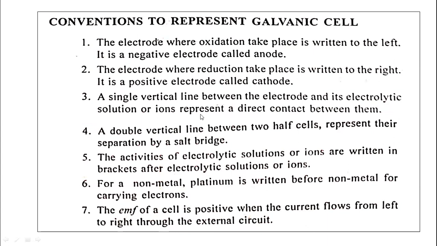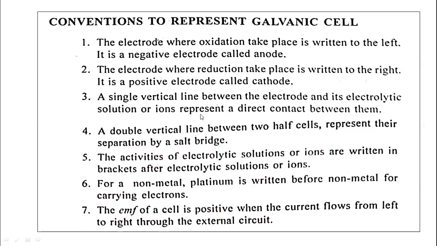A galvanic cell is a cell which produces electricity, where chemical energy is converted into electrical energy. It is a combination of two half cells, or two single electrodes. So in many ways we can define the galvanic cell.